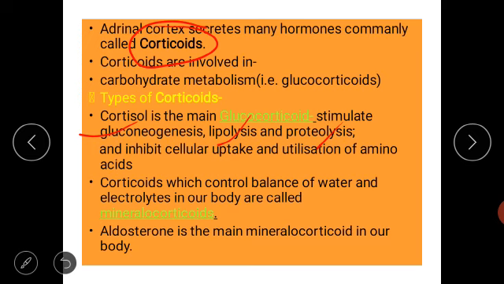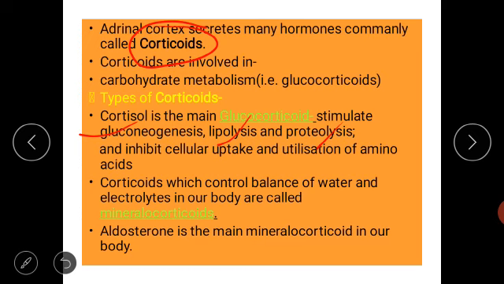So the breaking of lipids and proteins can be done by the glucocorticoids, and they inhibit cellular uptake and utilization of amino acids. So it controls the uptake of amino acids also.